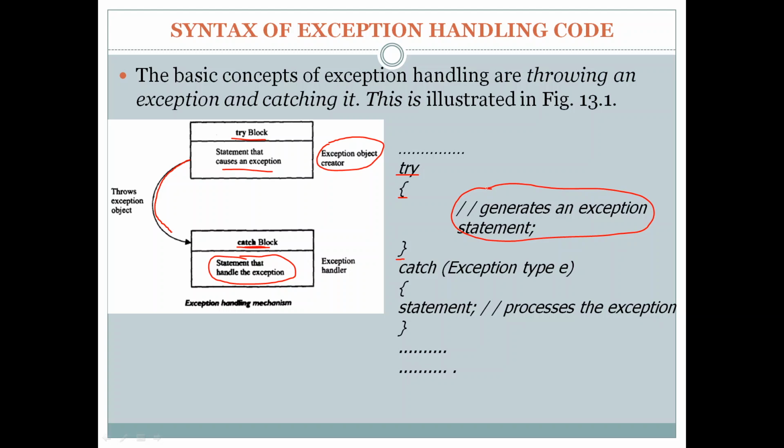For example, if you are performing a division of two numbers, you have to include the division inside the try block, because division of two numbers may generate an exception when the second number is 0, remember.